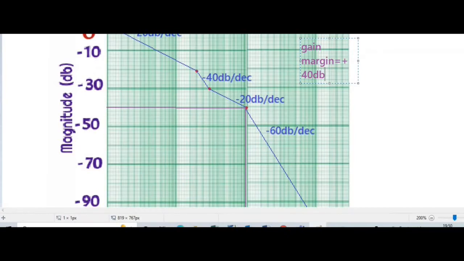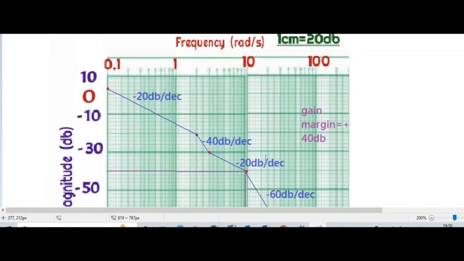For this vertical line, if I extend it to the frequency axis, then the phase crossover frequency is 9.9 radians per second. It is slightly before 10 rad per second, so we can say that it is 9.9 radians per second. That is our phase crossover frequency.